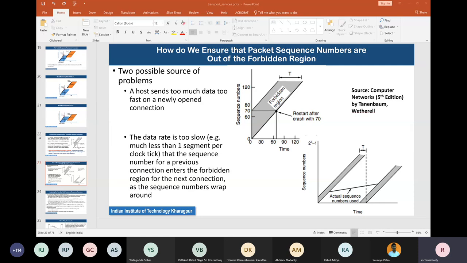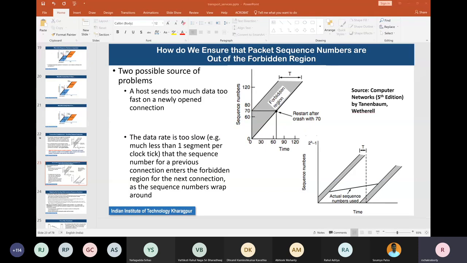This is an important concept. You decide your clock tick, but one condition you impose is that you will not send out more than 1 segment per clock tick. A clock tick nowadays is a very, very short interval of time. For example, if your system clock speed is 1 gigahertz, which is a very large clock speed, the clock tick duration is just 1 nanosecond.